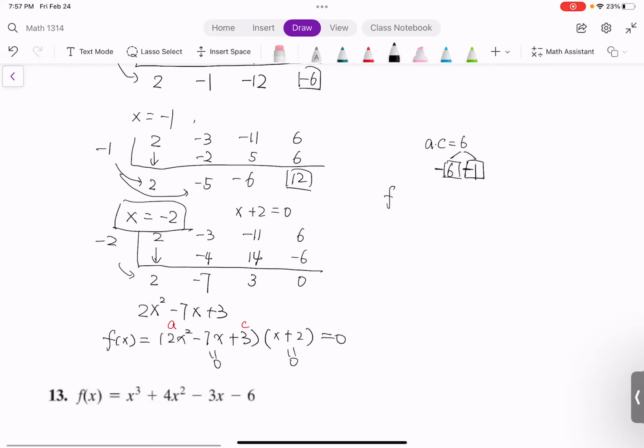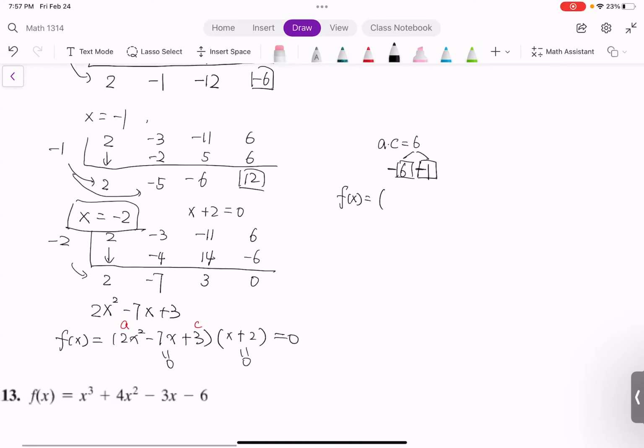So let's rewrite f of x. F of x equals 2x squared, then split the negative 7x into minus 6x minus x, plus 3. The divisor x plus 2 is here. Then do the group factoring, first two terms and last two terms. Factor out the GCF from the first two terms.